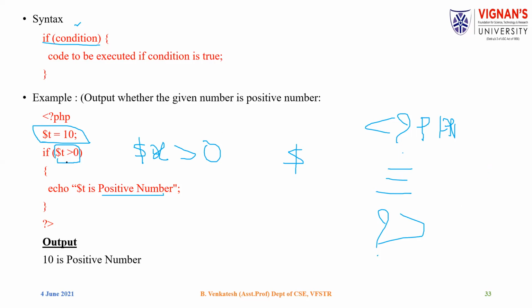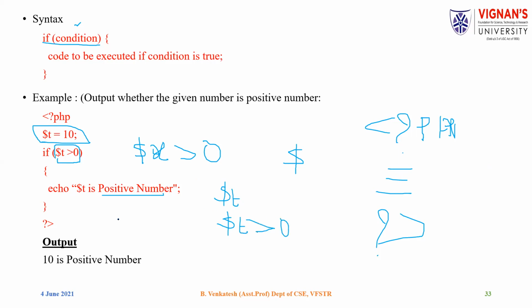Here we are checking whether the given variable is a positive number or not. How are we doing that? We are declaring a variable called t, and checking whether that variable t is greater than 0.